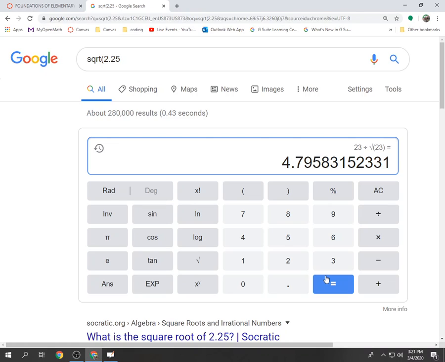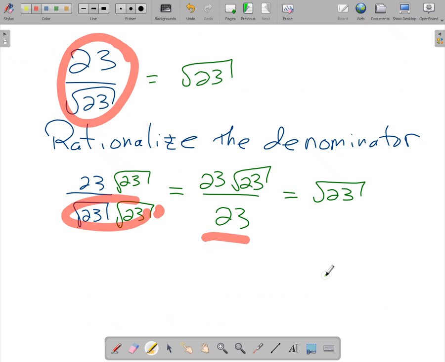My calculator says it's about 4.8-ish. Anyone else getting that? Okay. So I get the original number is about 4.796, I think, to 3 decimal places.